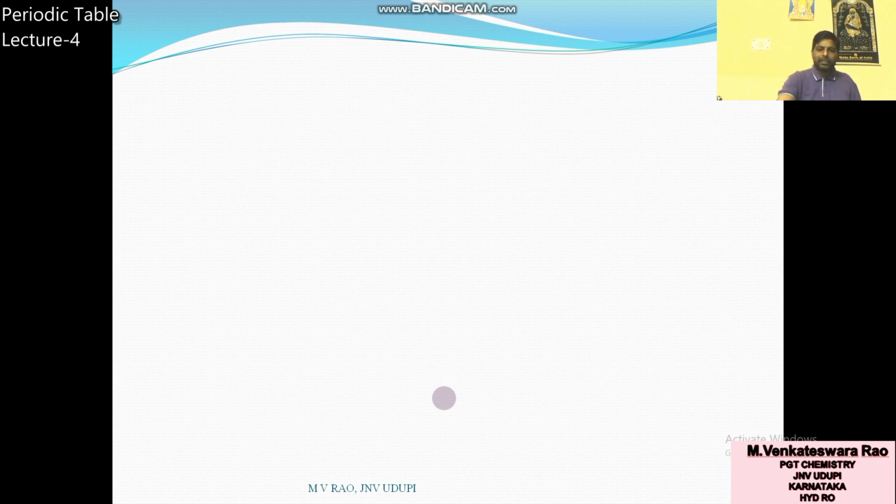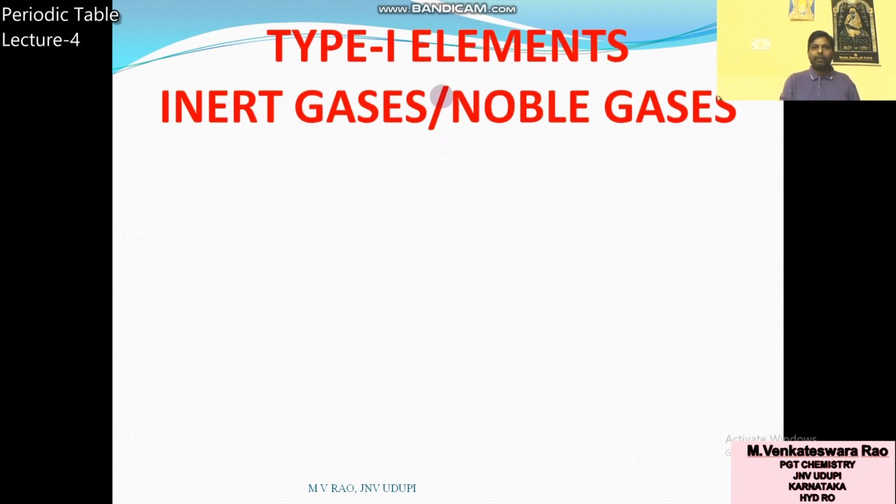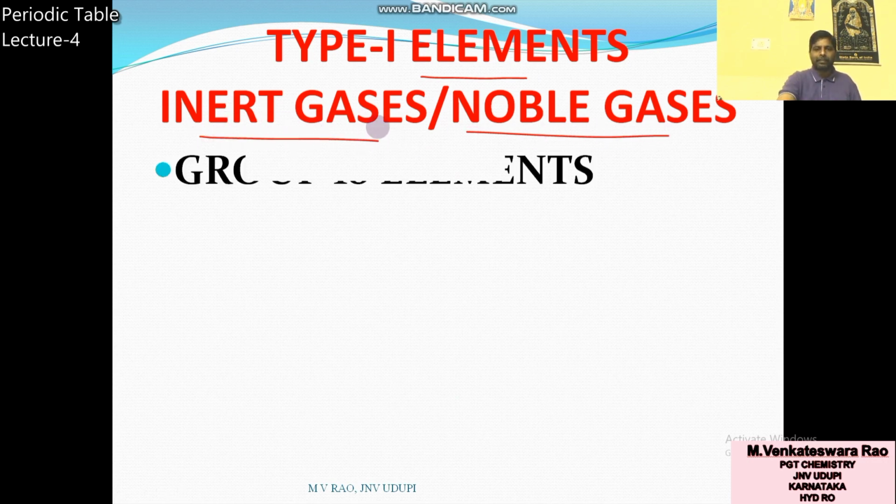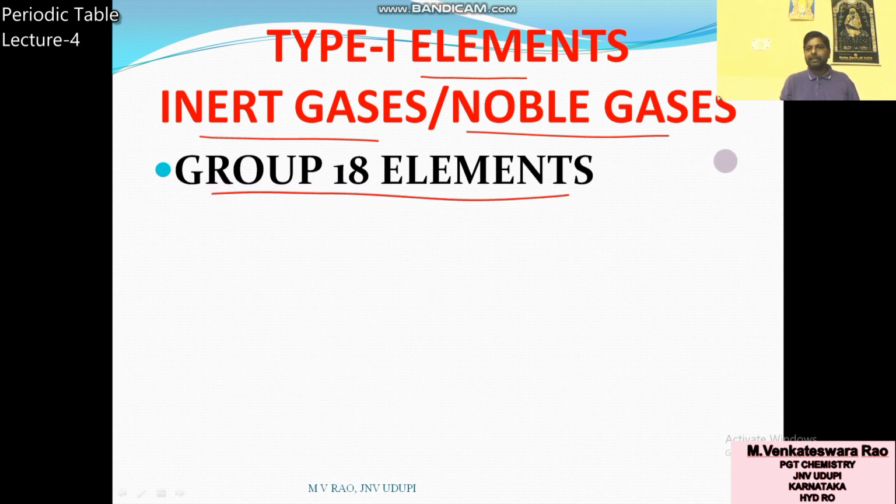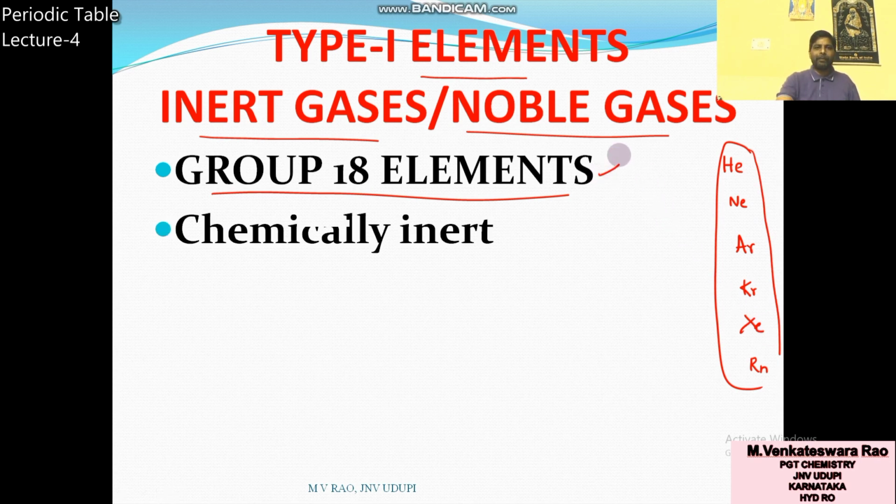We will see first type 1 elements, that is noble gases or inert gas elements. These are group 18 elements, that means helium, neon, argon, krypton, xenon and radon. These 6 elements are present in group 18 of the modern periodic table.